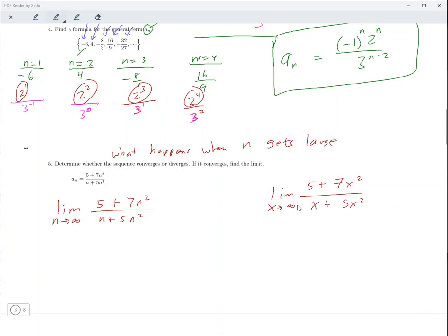This is actually more general though, because x can take on different values. This can only take on integer values, but here it can take on more. So this is a little bit different, but if this limit exists, then it forces this one to exist, and it has to be the same as this one.